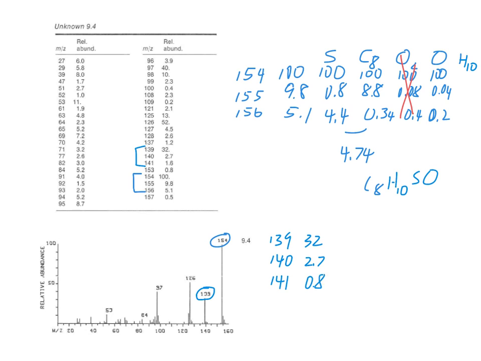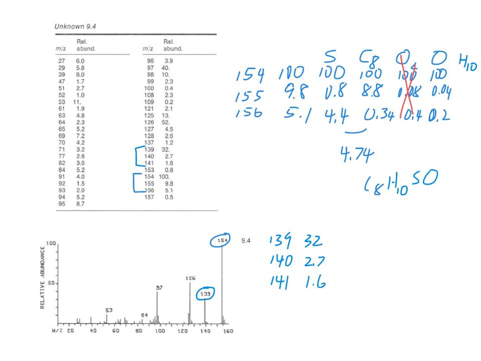All right, so in this case, we have to normalize these to 100%. So we're just going to take 100 divided by 32. Oh, did I do it right? Oh, yeah, you're right. Thanks. So 2.7, 1.6.